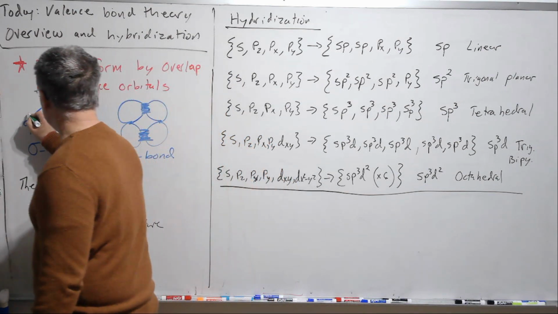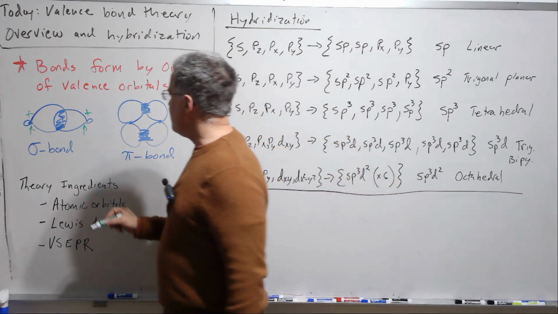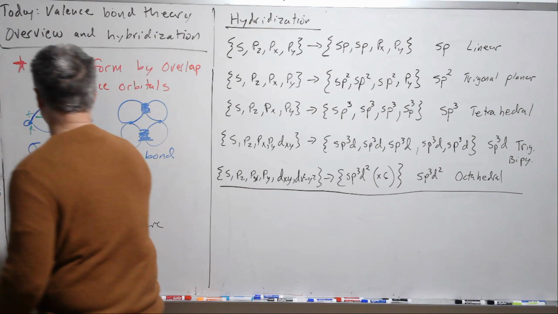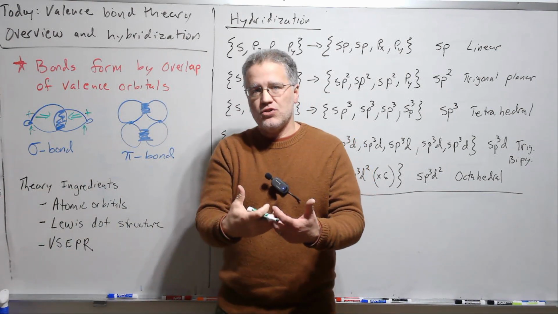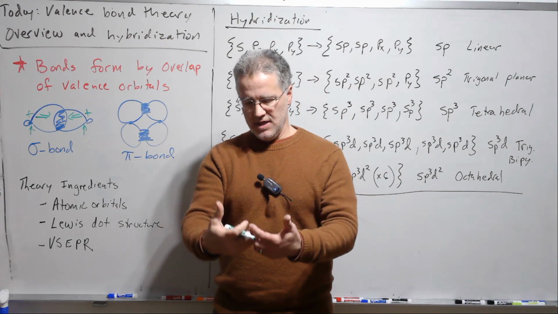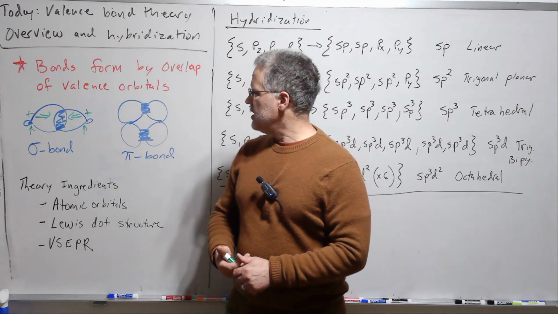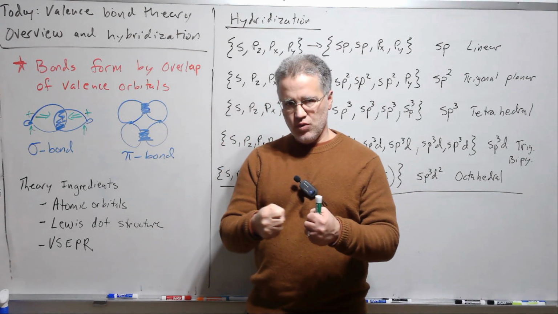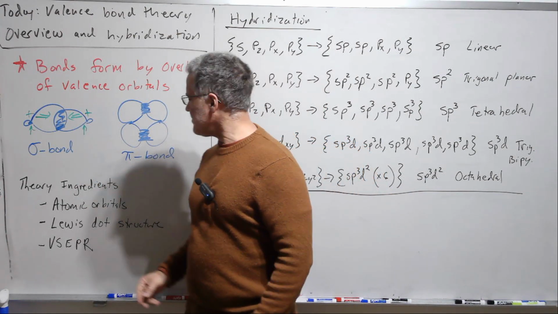And so we have a positive charge here, wanting to repel, but there's an attractive force to all that electron density in between those two nuclei. And if the molecule bonds, then that attractive force wins out over the repulsive force. Bonds where the electron density is between the nuclei are referred to as sigma bonds.